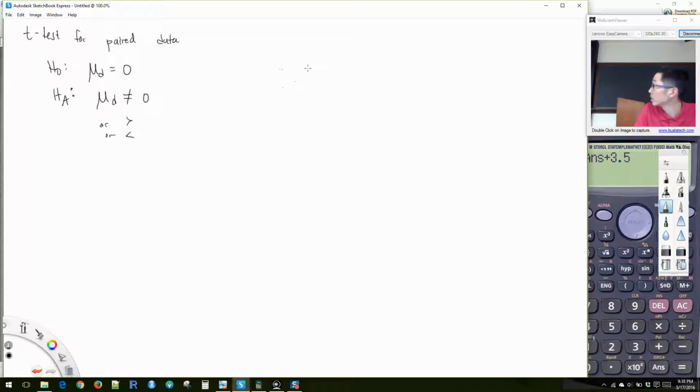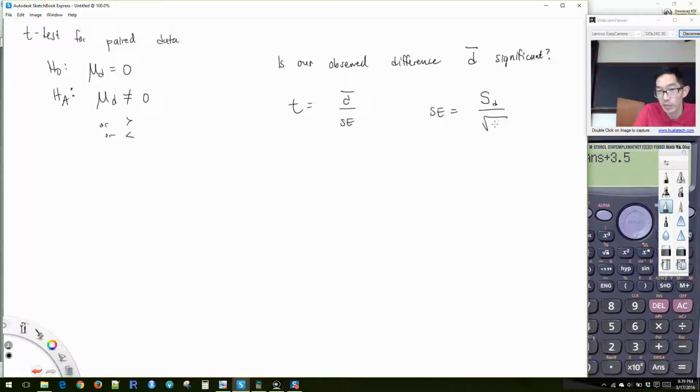The question is whether our observed difference, which is d bar, is significant. Your test statistic is d bar divided by the standard error. The standard error is the standard deviation of our difference column divided by the square root of n.